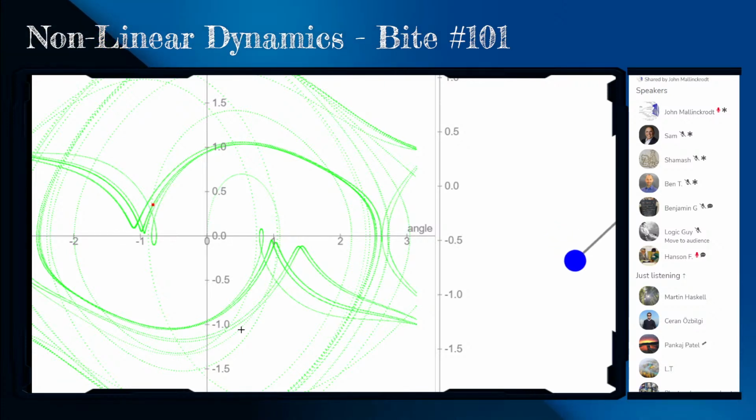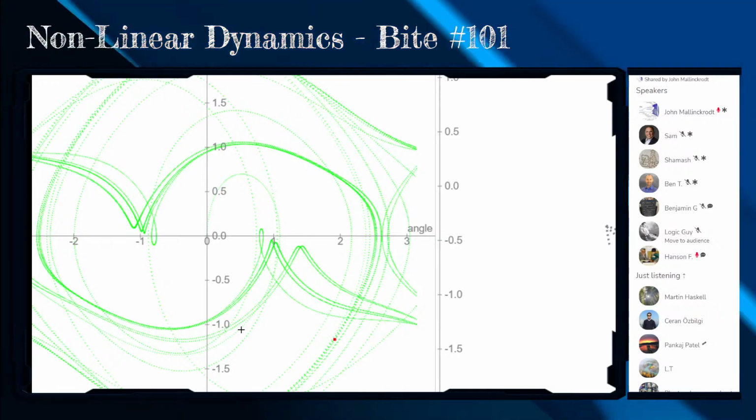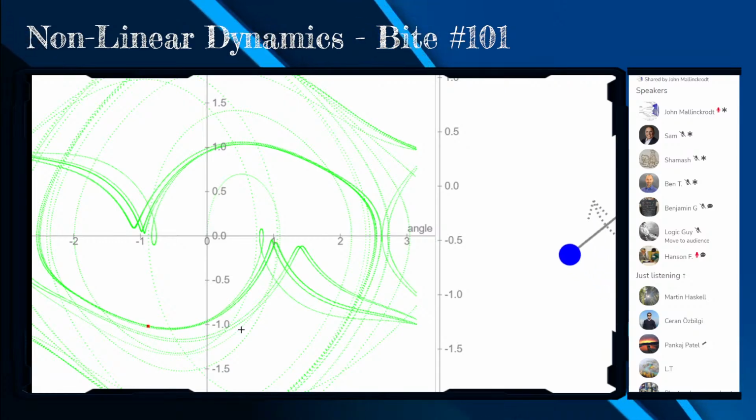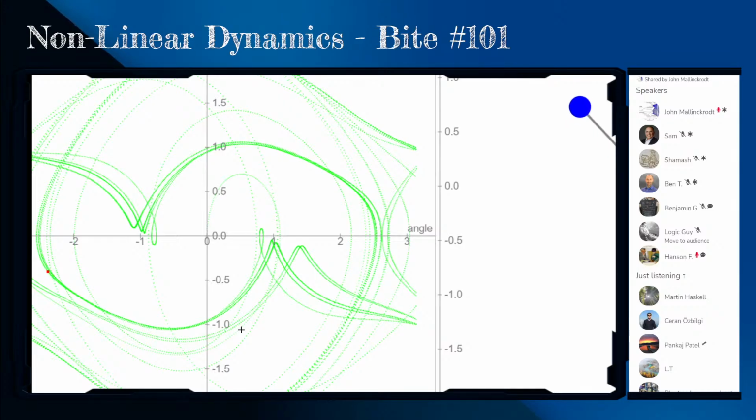When it's moving in the clockwise direction, it's considered to have a negative velocity. And the graph simply has a little red dot that moves along showing the current angle and the current angular velocity.